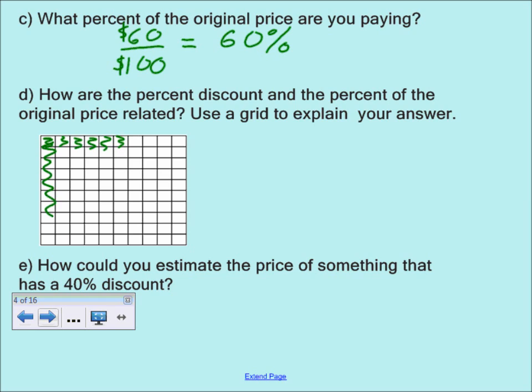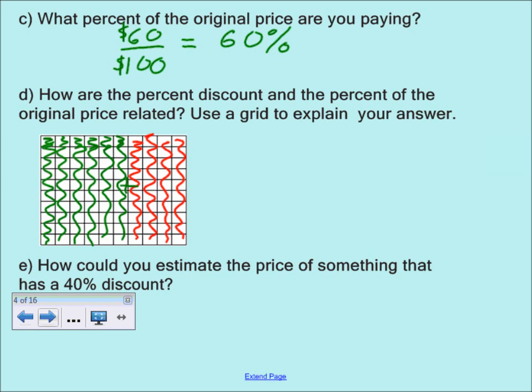We are paying 60% of this, so you fill in all of those. The discount is in red. So there's 40%, or 4 ten squares, that don't count. So we pay this. This plus this equals 100.